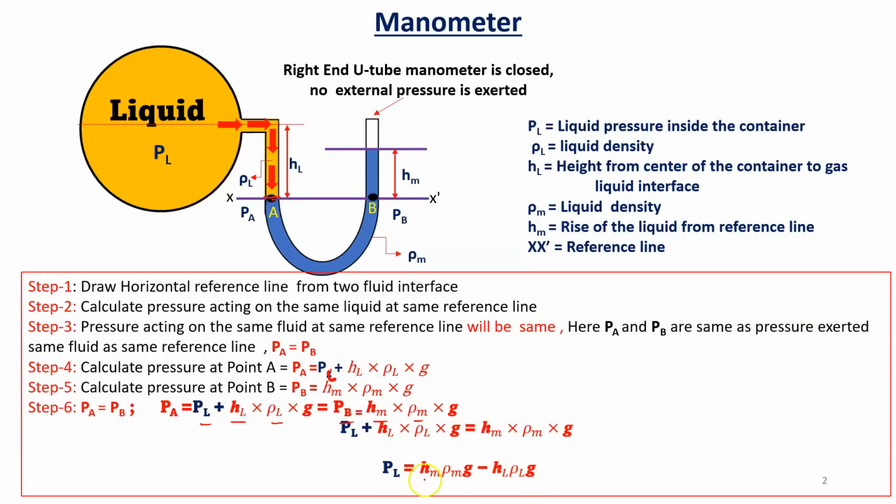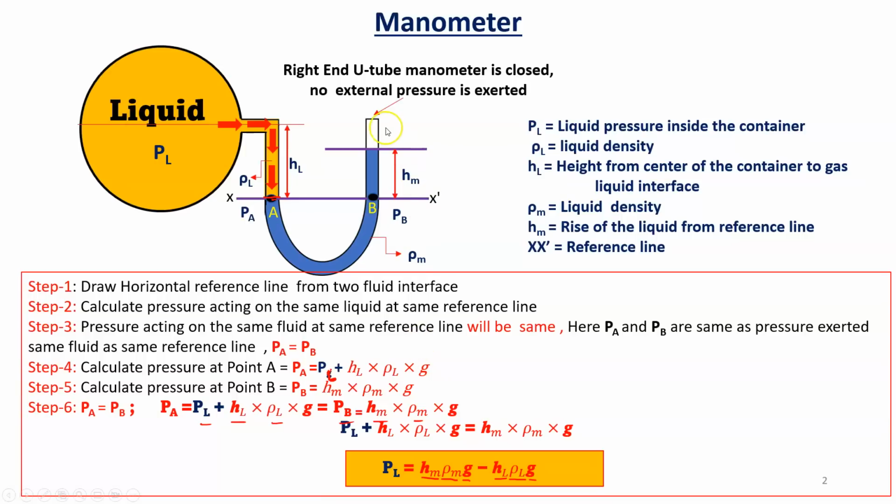Hm is the rise of liquid from the reference line, and rho m is the manometric liquid density, g is the acceleration due to gravity. HL is the height from the center of the container to the gas liquid interface, or you can say the reference line. Rho L is the liquid density, and g is the acceleration due to gravity. So from that we can easily calculate the pressure in the liquid container. So that is PL is equal to Hm rho m g minus HL rho L into g.